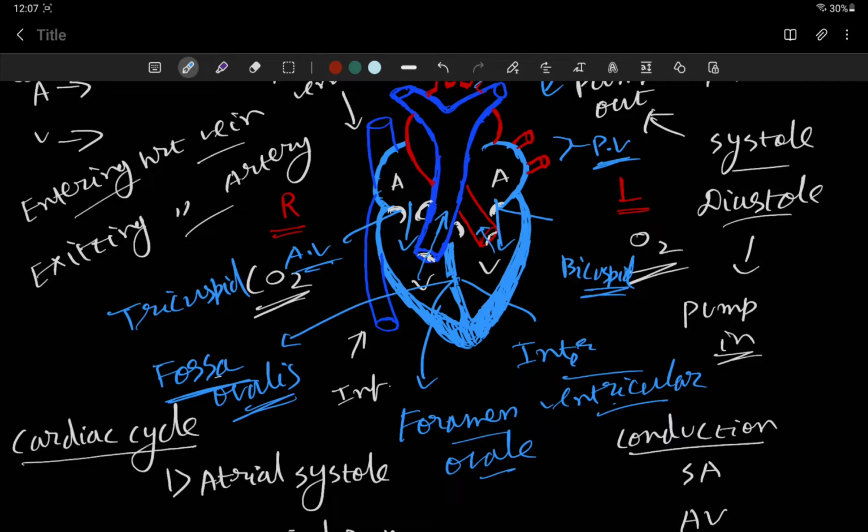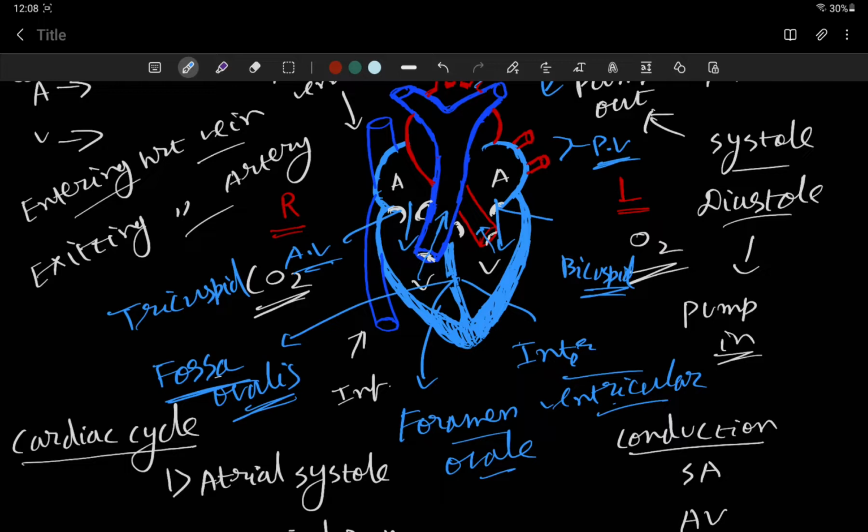The 2 atriums are collecting O2 and CO2 blood. The O2 blood is collected by the left atrium and the CO2 blood is collected by the right atrium, and they both are in diastolic condition. The blood is coming to the ventricles, then the blood is entering the aorta and pulmonary artery.